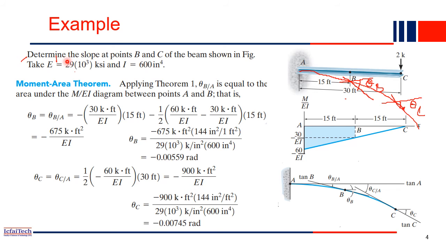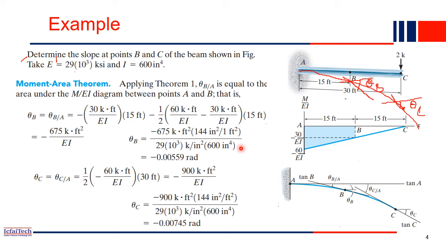Now if the question asks for the deflection at B and C, after application of the load some deflection takes place at B and at C. So what are these deflections? What is the value of YB and YC, the deflection at B and C? Using the moment area method, you already know the area.